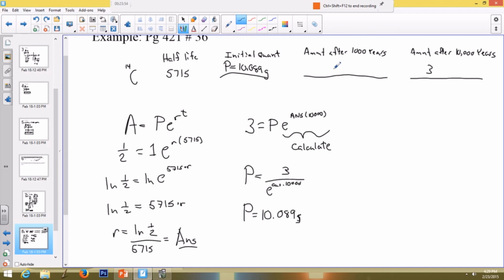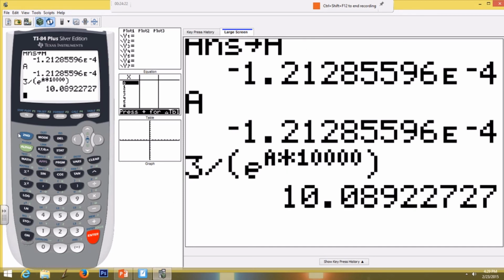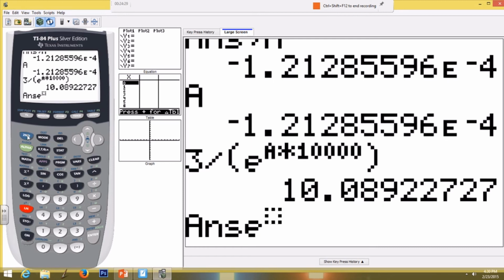All right, so I want my amount after 1,000 years. Well, if I again start with A equals P e to the rt, I know what my initial amount is. We just figured that out, 10.089. We know what the rate is. It's that ANS that we found over here. And the time is just 1,000 years. This is the easiest one to calculate because all I got to do is put it in the calculator. So I start with second answer, that's this number, second E, and we're going to use the rate that we found at the beginning.